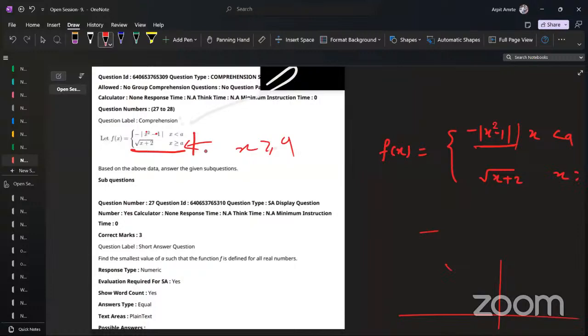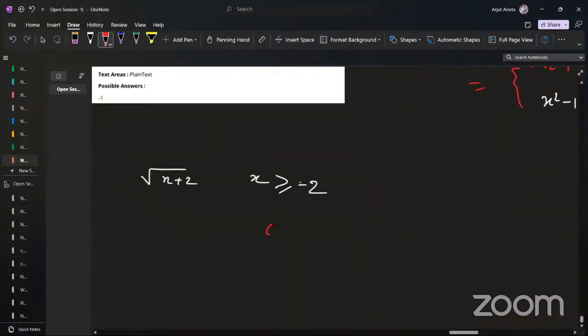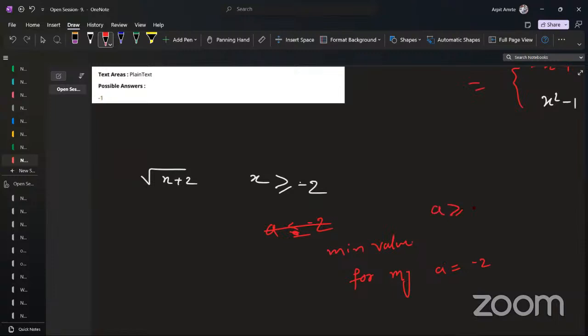So for this function to be defined, a cannot be less than minus 2. It means the minimum value for my a is minus 2. So a has to be greater than or equal to minus 2 always for this function to be defined.